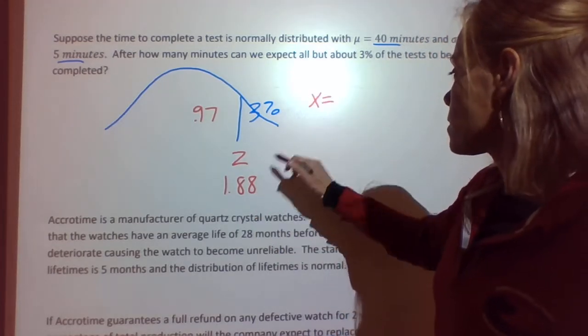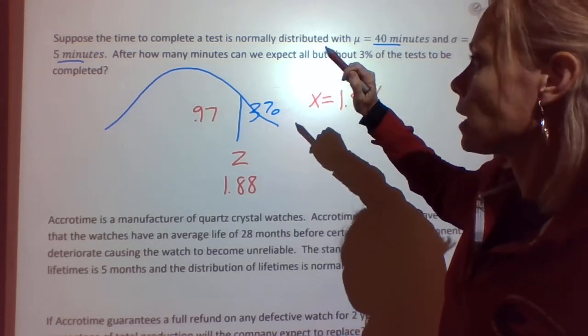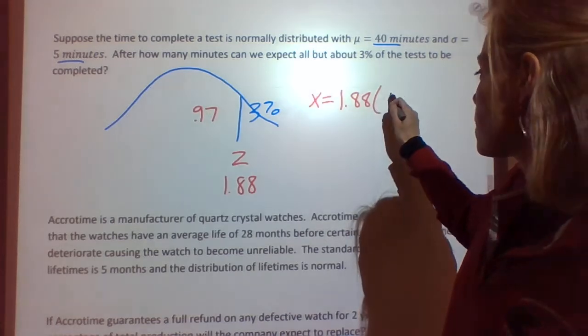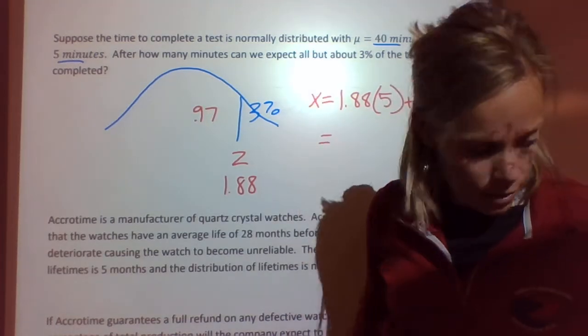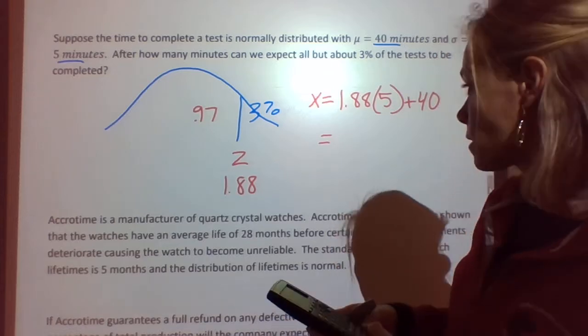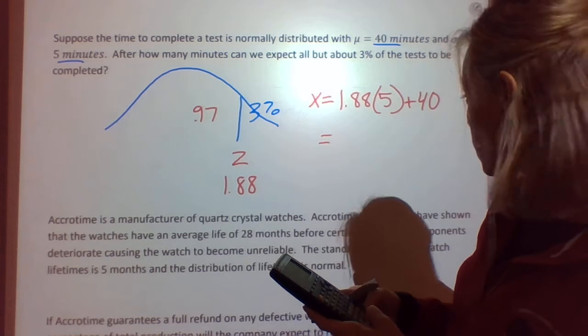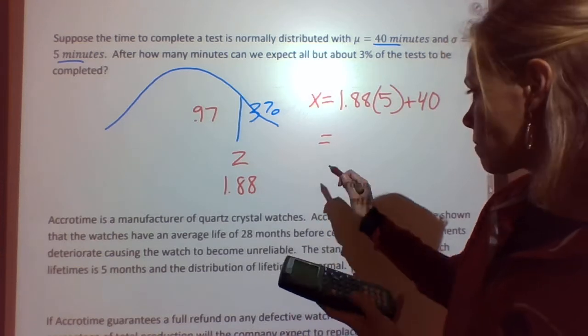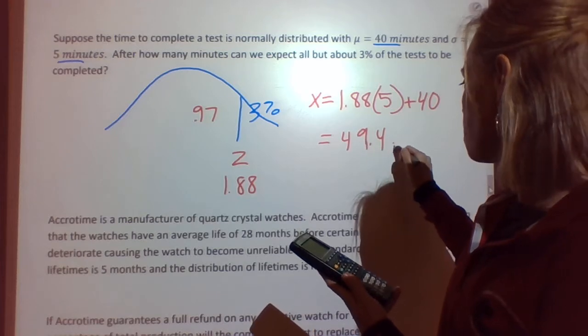So I take my z-score times my standard deviation, add the mean, and I know that 1.88 gives 49.4 minutes, right?